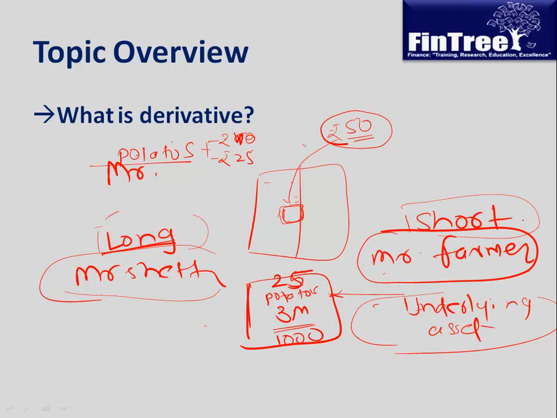And now we are done with the first type of derivative, the forward contract, where two parties entered into an agreement to buy or sell something in future, and the asset which was decided to be bought and sold in future is called the underlying asset. So as the price of the underlying asset changed in the market, the price of the piece of paper, that means the forward contract in our example, kept on changing.